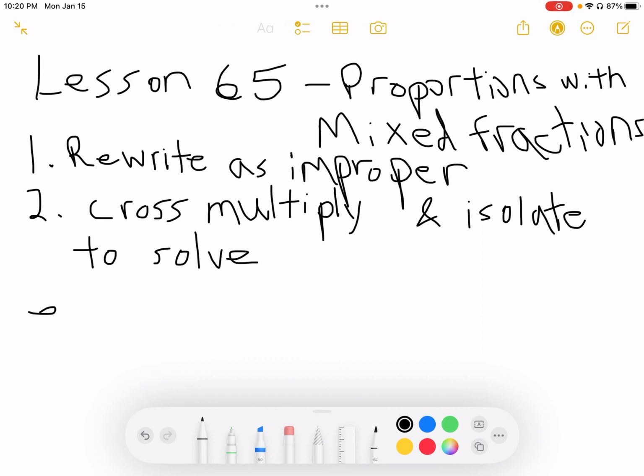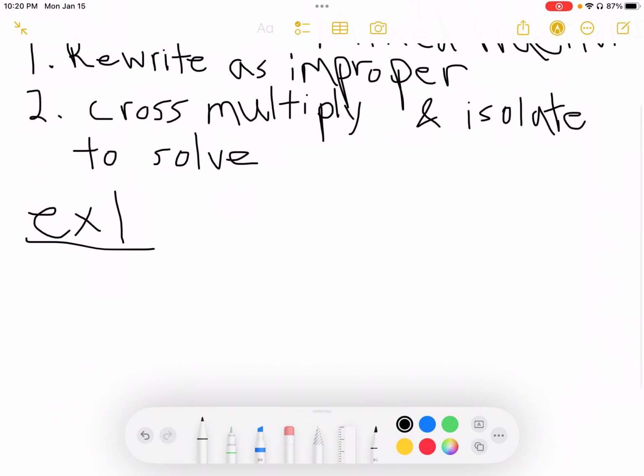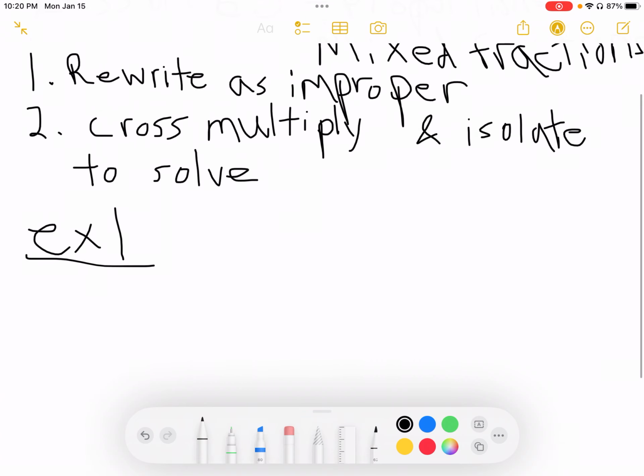So if I went to example 1, the only thing is that the fractions look a little different. Here I have example 1, and let's keep our steps there. I have 4/9 on the top of this fraction, and then another fraction bar, and there's x on the bottom.